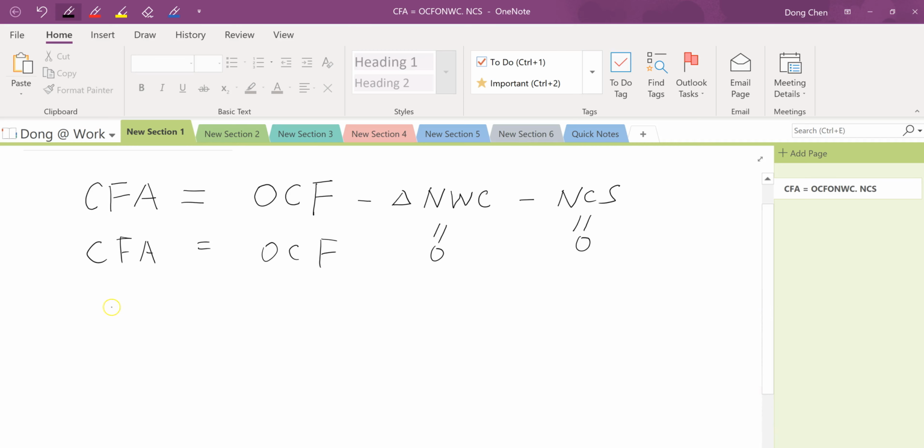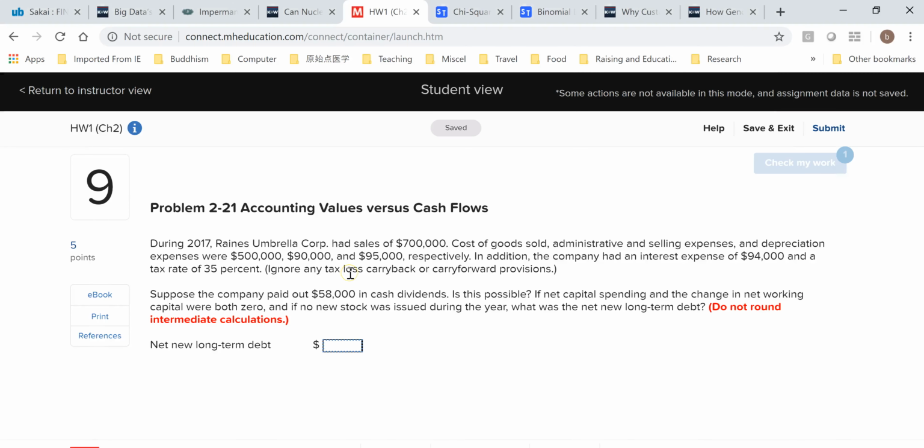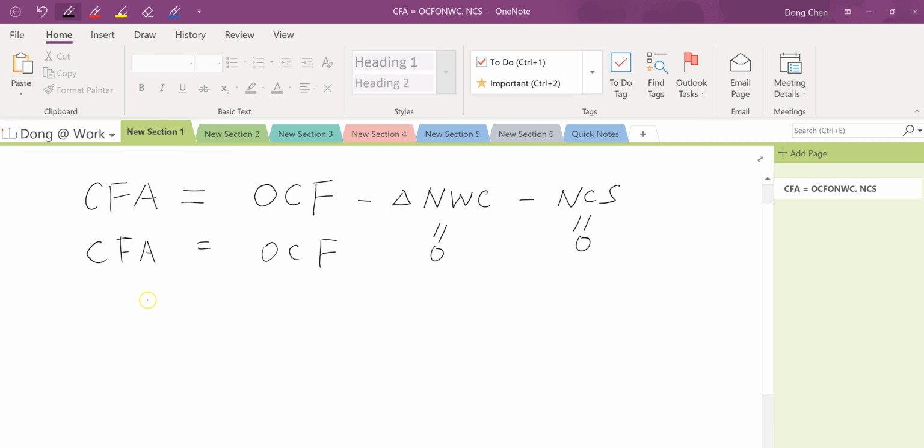So as far as we read the setup, we can immediately gather these results. And secondly, because we were told that no new stock was issued during the year, the cash flow to stockholders equals dividend, right?